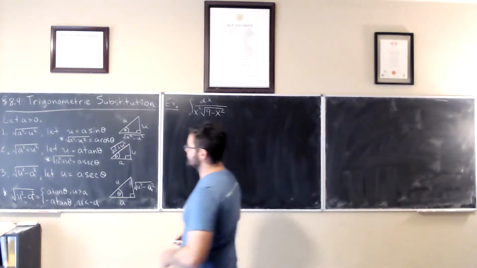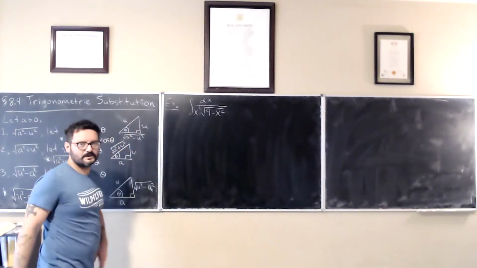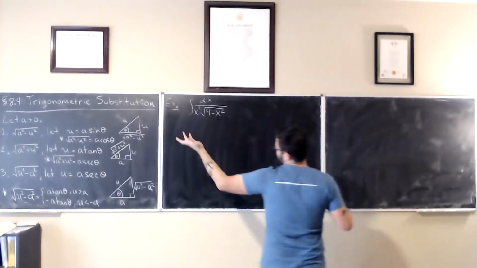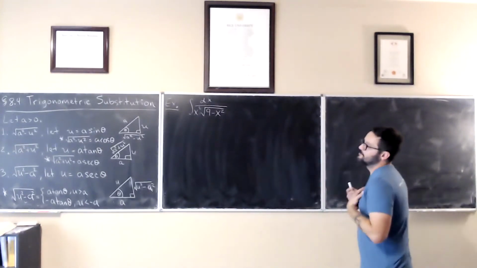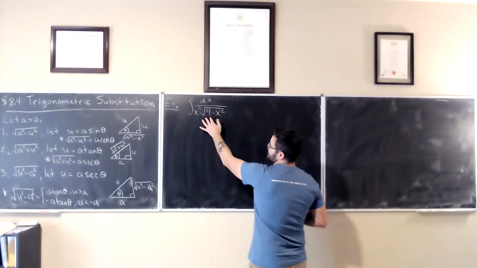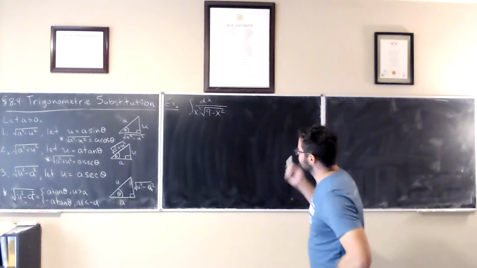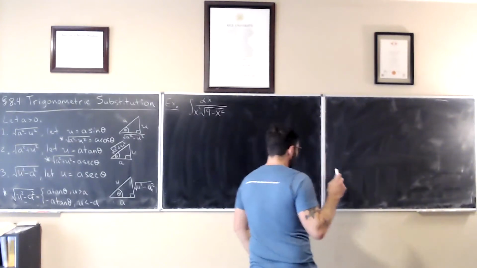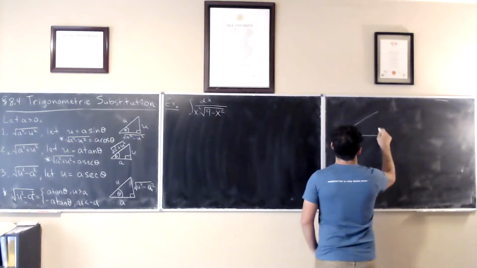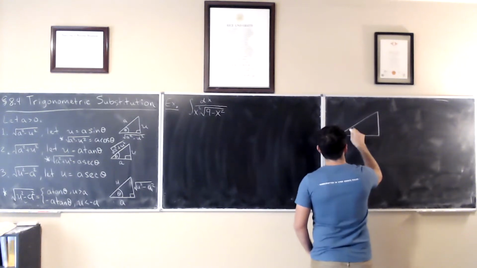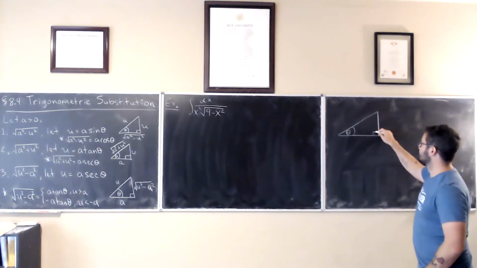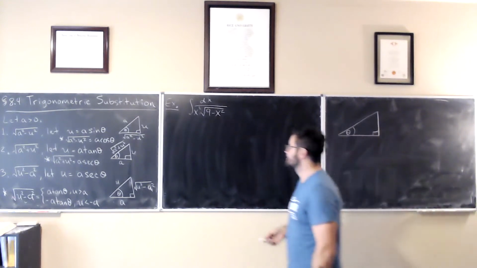Okay, so without even looking at the rules, I see that there's no clear way that I would know to integrate that. But I do see this square root of 9 minus x squared right here. So if I were to draw a right triangle, and I imagine theta right there, so theta is the angle we're going to be considering.